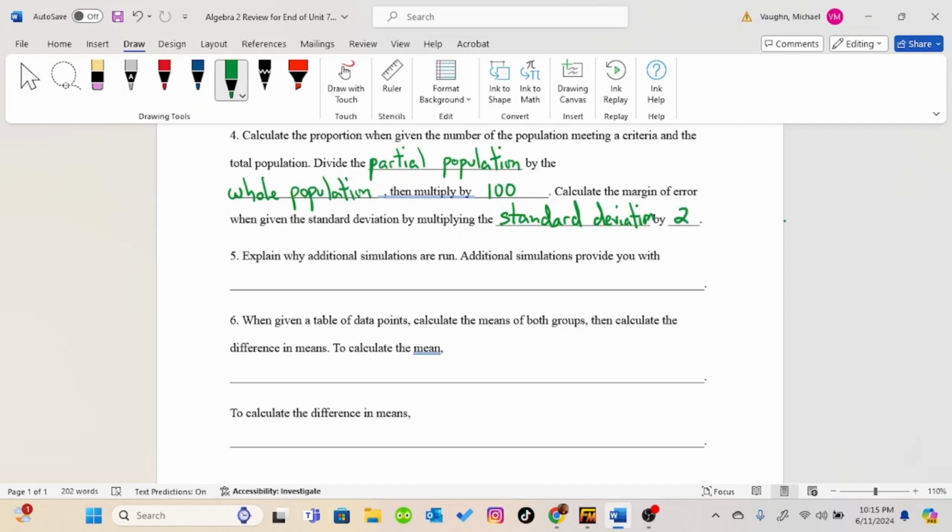This will give you the margin of error so that it is 2 standard deviations above to 2 standard deviations below and account for 95% of all results. If you have any questions about this, please ask for clarification now so that you are prepared for the test tomorrow.